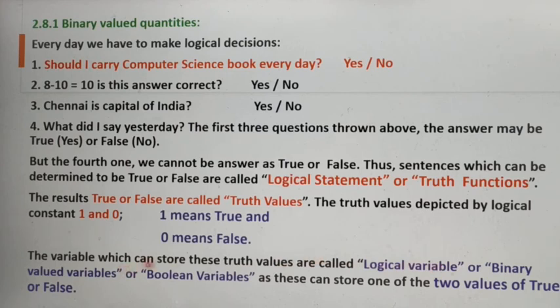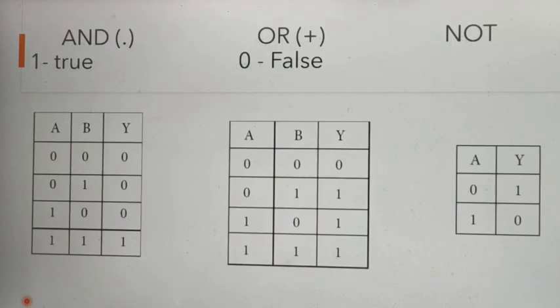The variable which can store these truth values, 0 and 1, where 0 means false and 1 means true, is called a logical variable, binary valued variable, or Boolean variable. These can store one of the two values, true or false. In the previous example, A, B, Y are all logical variables. They are used to store our truth values, 0 and 1. 0 means false, 1 means true.